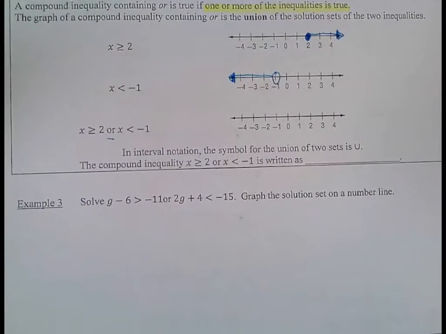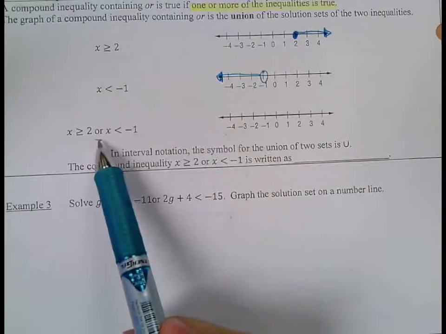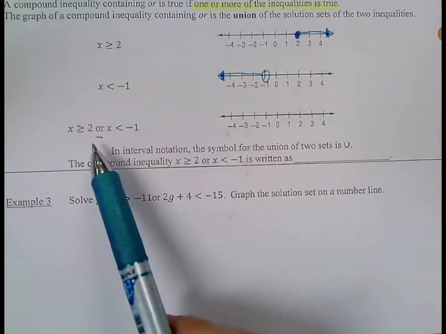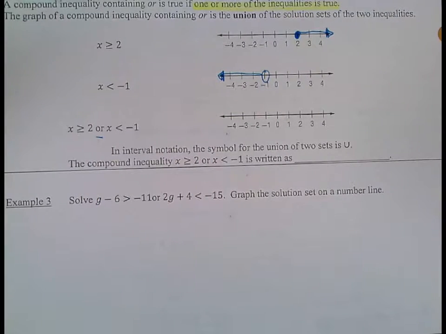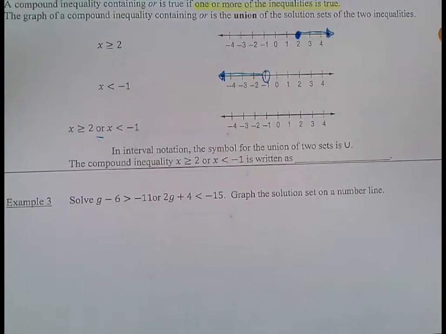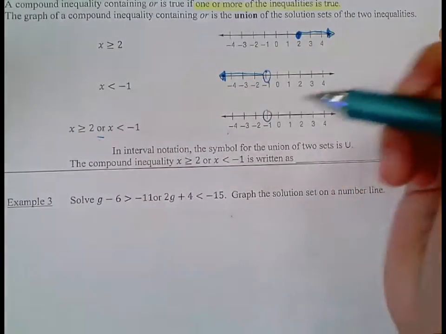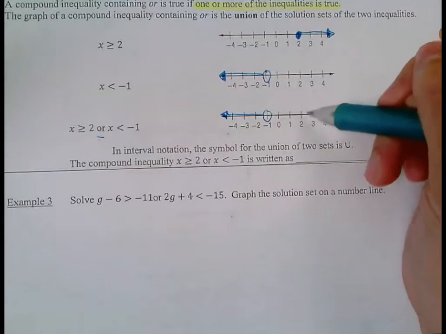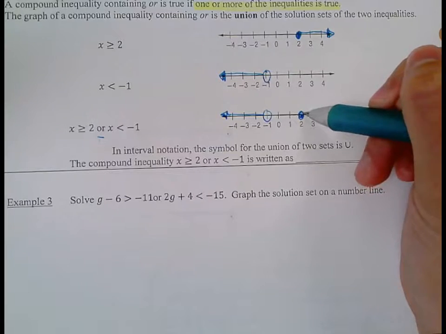So notice these 2 don't ever overlap. So if these were joined by and, it would be no solution because they don't overlap. But because it's joined by or, there is a solution, and it's just these 2 graphs put on the same number line. So you'd have an open circle at -1 shaded left, closed dot at 2 shaded to the right.